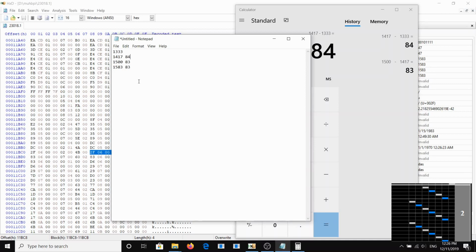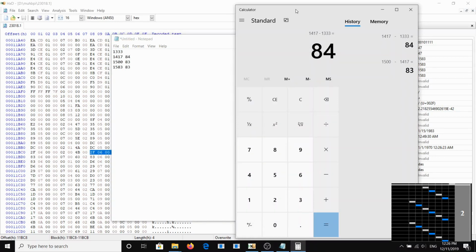So if you notice here, we have a pattern of 84, 83, 83, and you might be wondering, what is the significance of this? The beginning of the song, if you recall, is just 16th notes, and according to what I said, 180 BPM should be a magic BPM because there's only a 5-frame gap. But as you can see here, the gaps in milliseconds are not exactly equal.